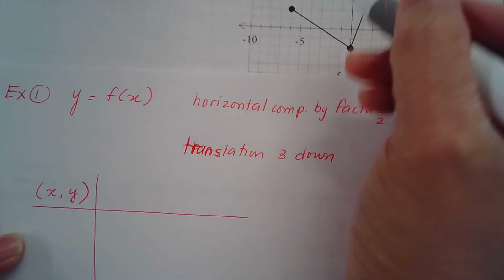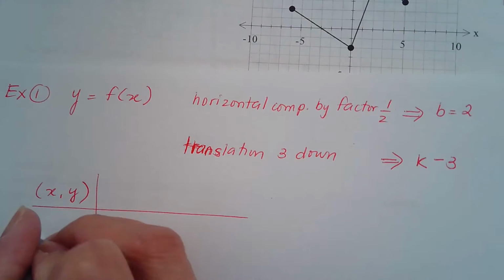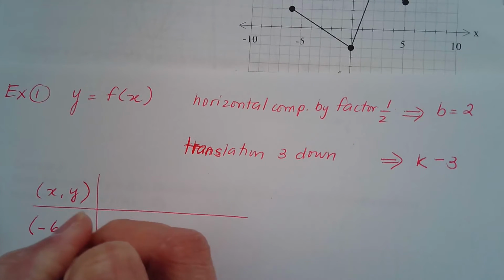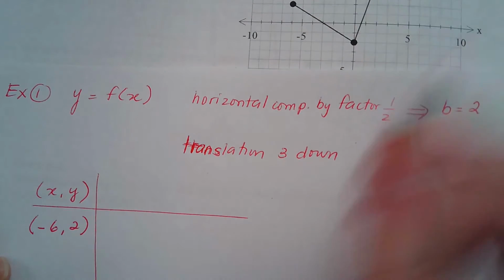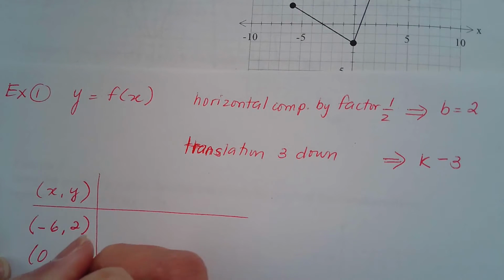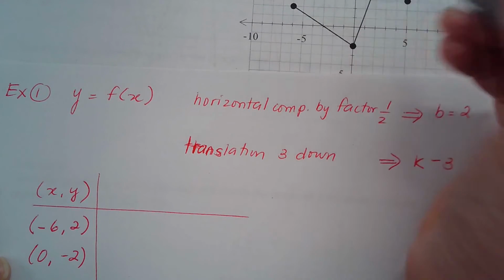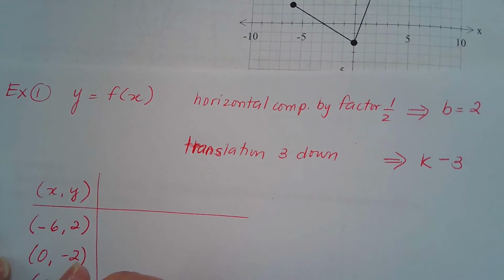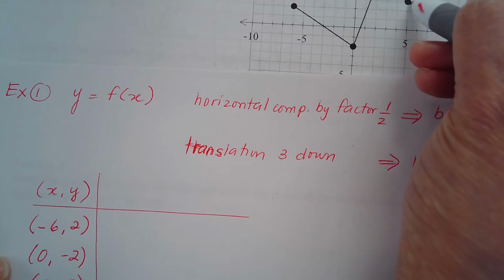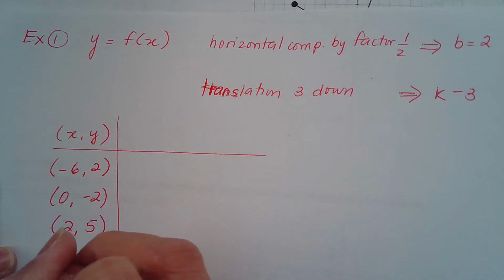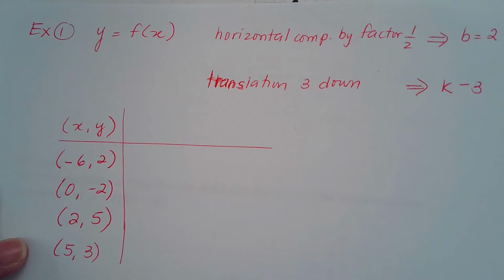The points that I have here are (-6, 2), (0, -2), (2, 5), and the last one would be (5, 3). Those four nice points.